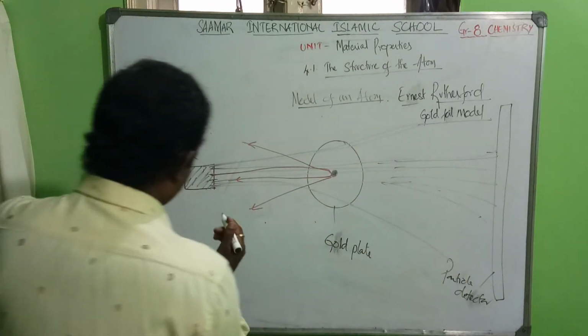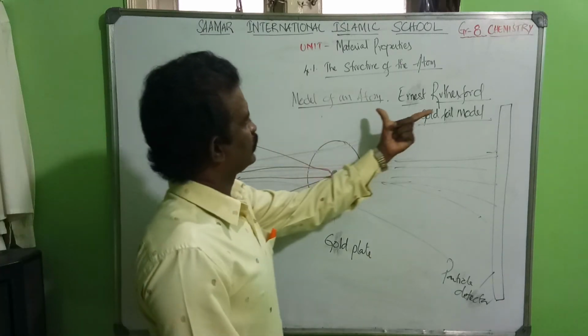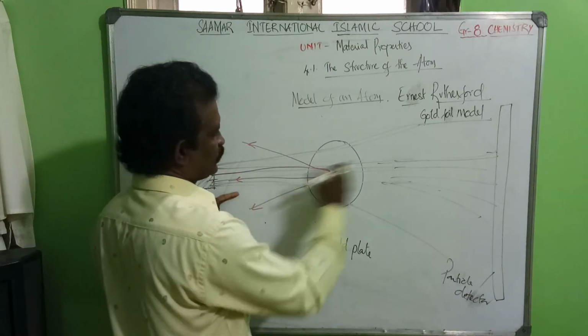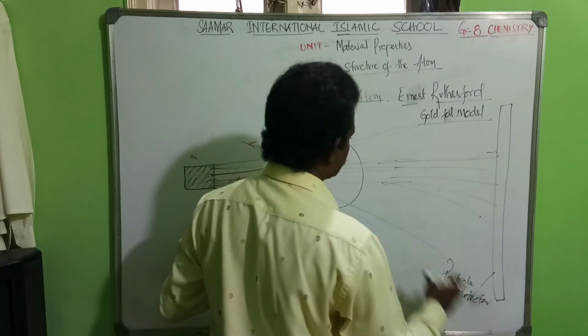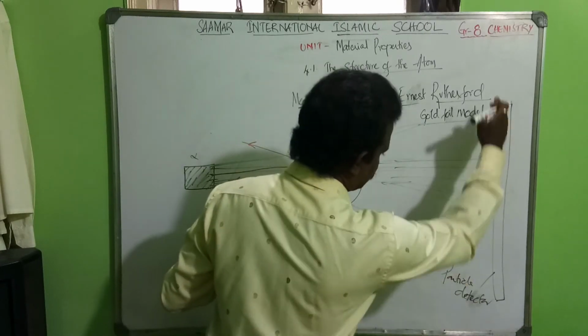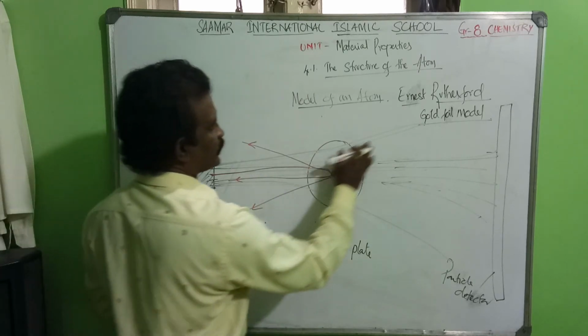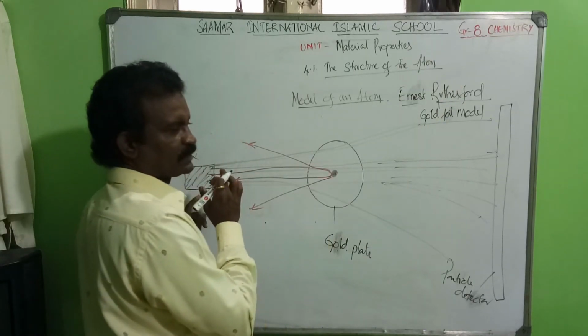So see, Ernest Rutherford passed a high beam onto a gold plate, and he saw that some pass through the plate and reach the particle detector, some take a big angle deviation, and some bounce back.